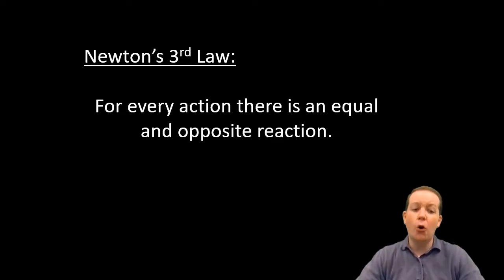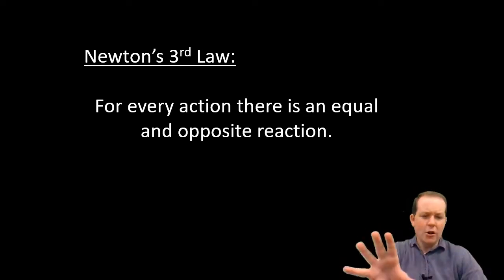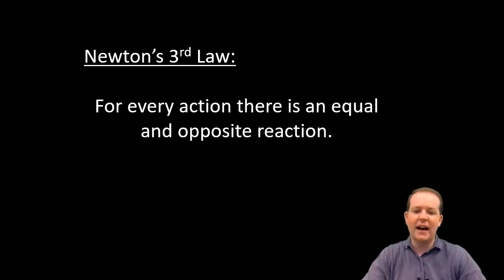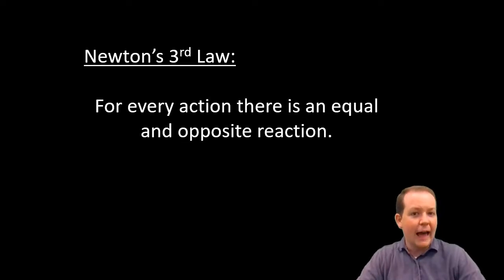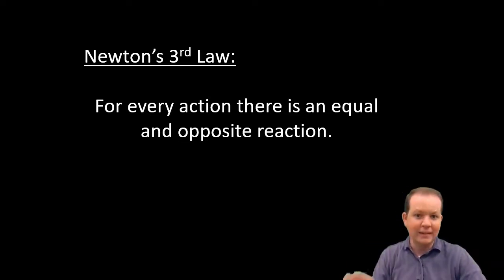Like I said, I'm guessing a whole bunch of you already know a version of Newton's third law, and here's a definition. It says, for every action, there is an equal and opposite reaction. And when I see that on slides, I think, what an absolutely terrible definition for a physics concept.